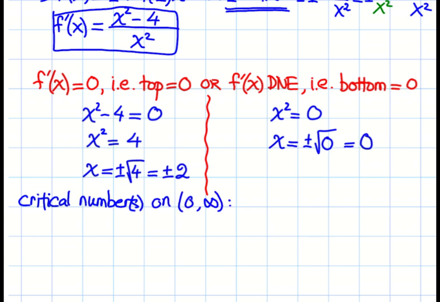Even though we found negative 2, positive 2, and 0, only one point is actually between 0 and infinity. So we only have one critical number, which is x equal to 2.